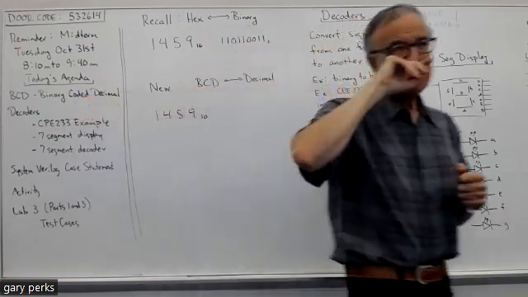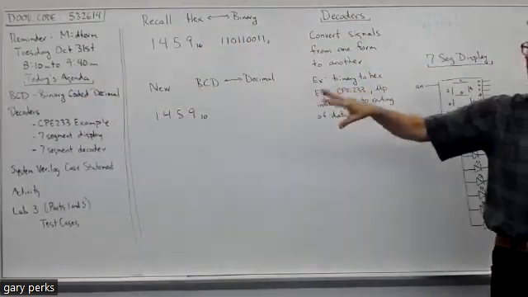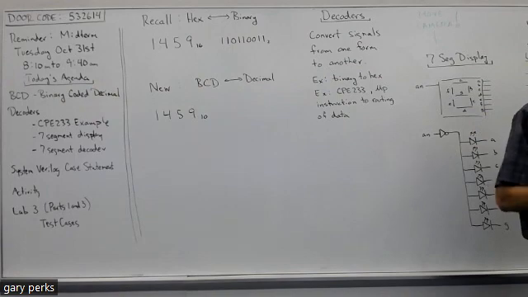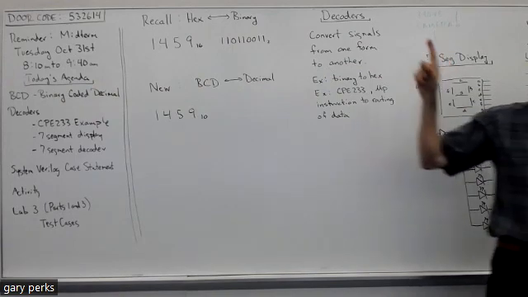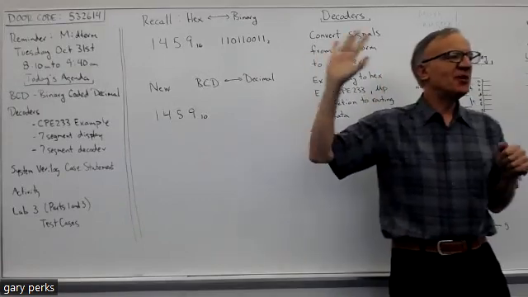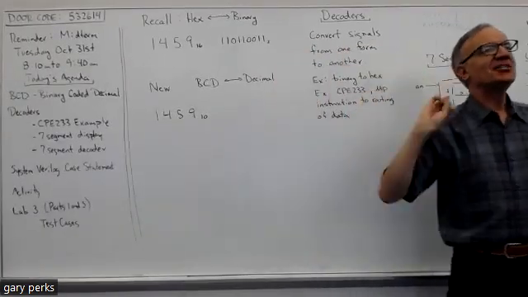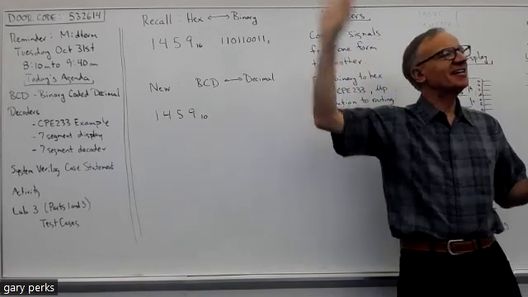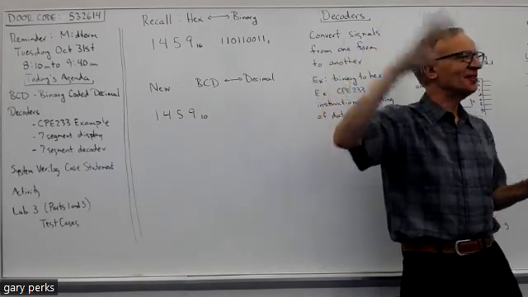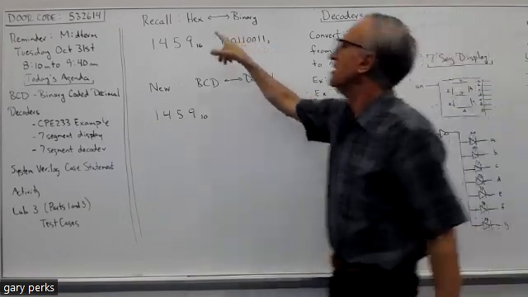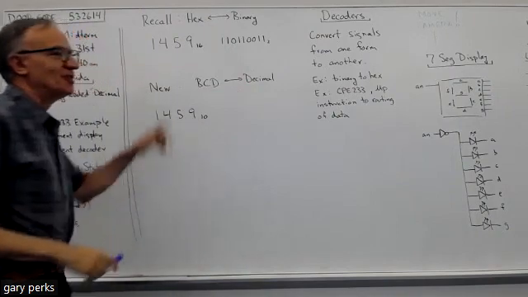Before I give you an example of binary coded decimal and explain its purpose, I want to go back and review something, because once people know about BCD, they start to confuse it with something we talked about earlier. So I want to reinforce that before I talk any more about BCD.